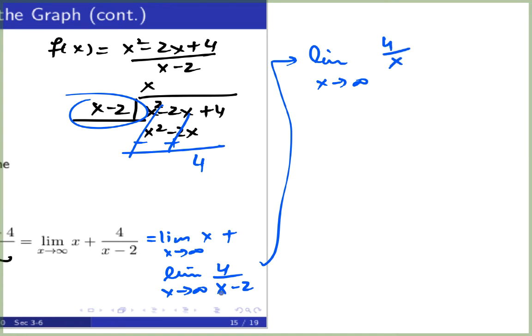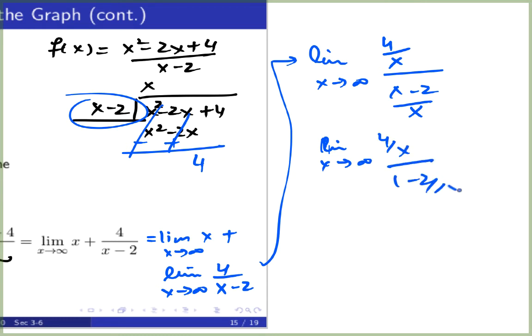Remember the highest degree, the degree of the denominator, is 1. So you divide by x to the power 1, and you have the limit as x tends to infinity of 4 over x, over 1 minus 2 over x. So what happens? This goes to 0 as you take the limit, and this goes to 0. You get 0 over 1, which is 0. So when you apply this limit, this is 0.